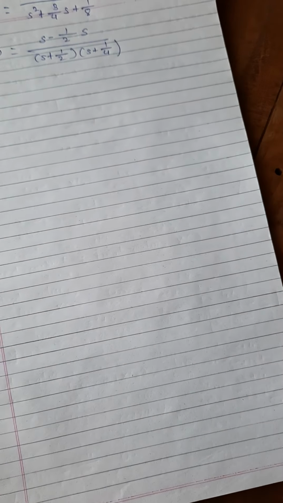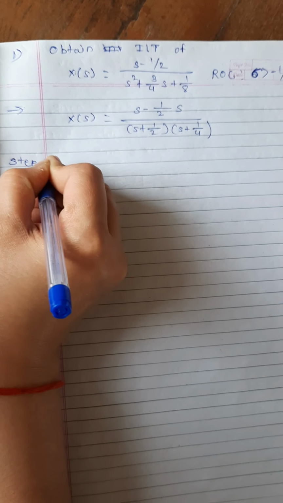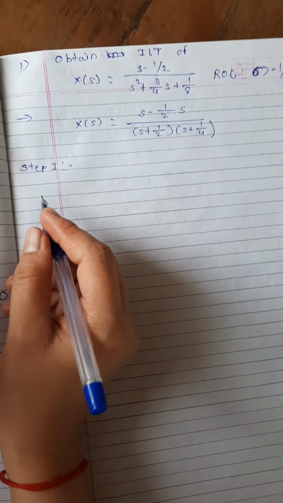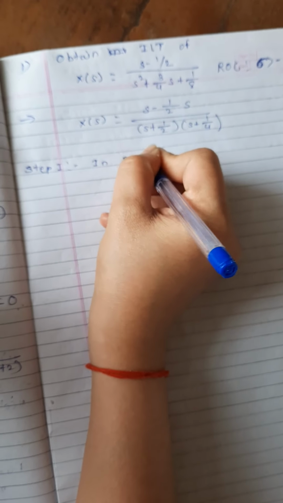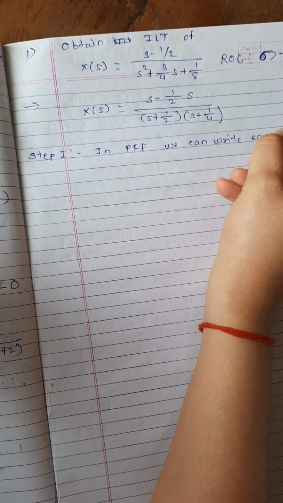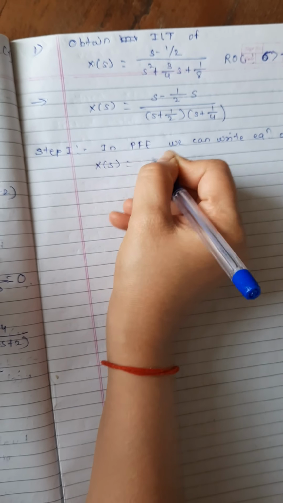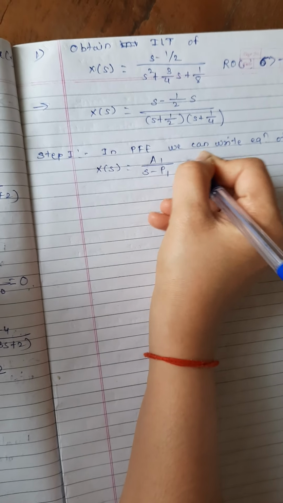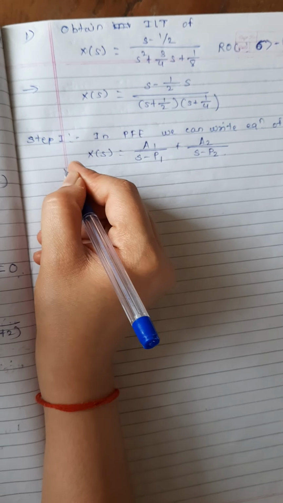Step 1: in partial fraction expansion we can write the equation of X(s) as X(s) = A1/(s - p1) + A2/(s - p2).